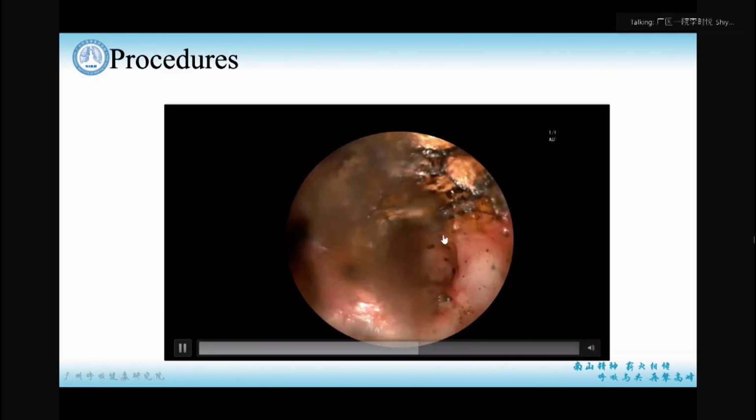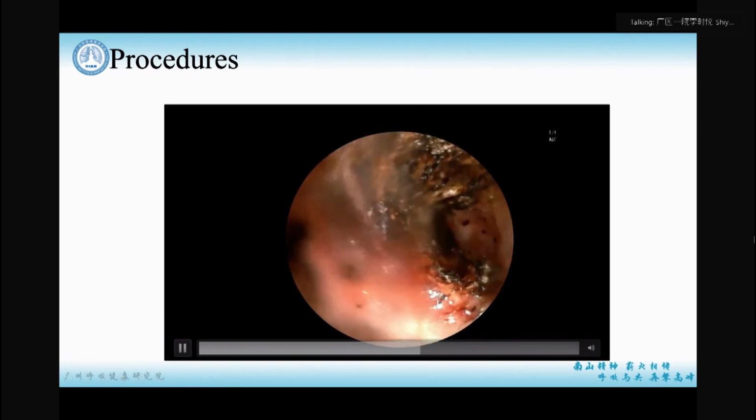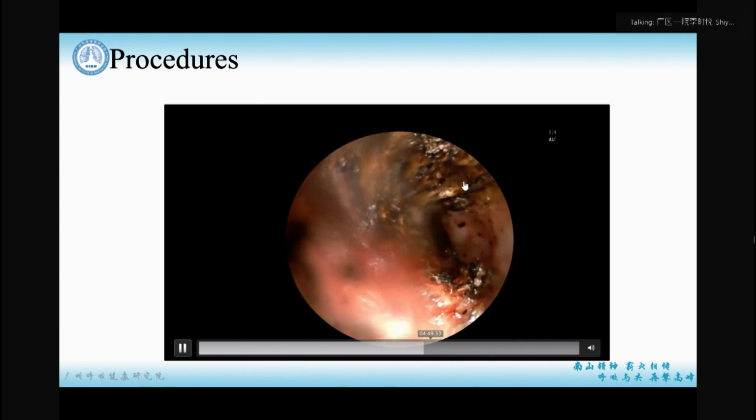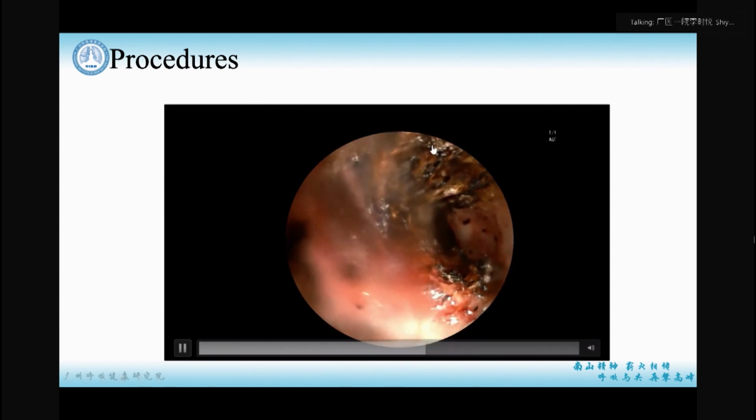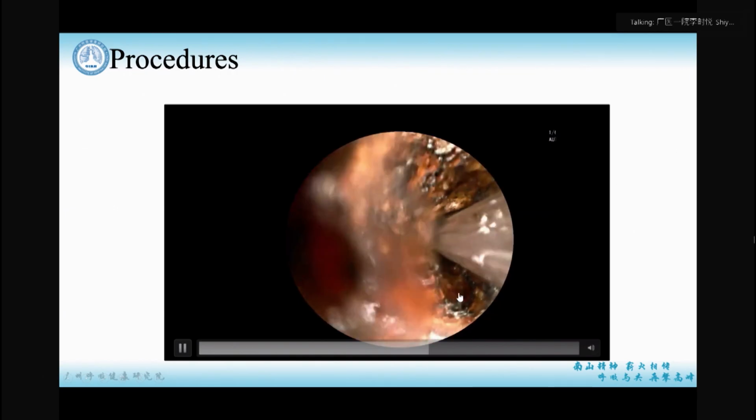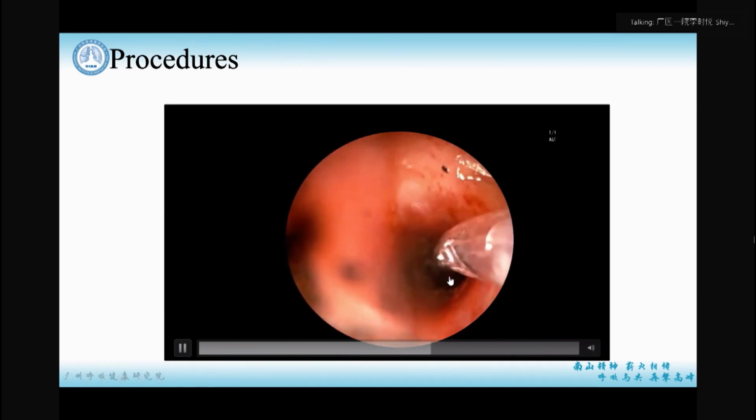Here we can see that in just 5 minutes the cavity was enlarged, and then we used balloon dilation.